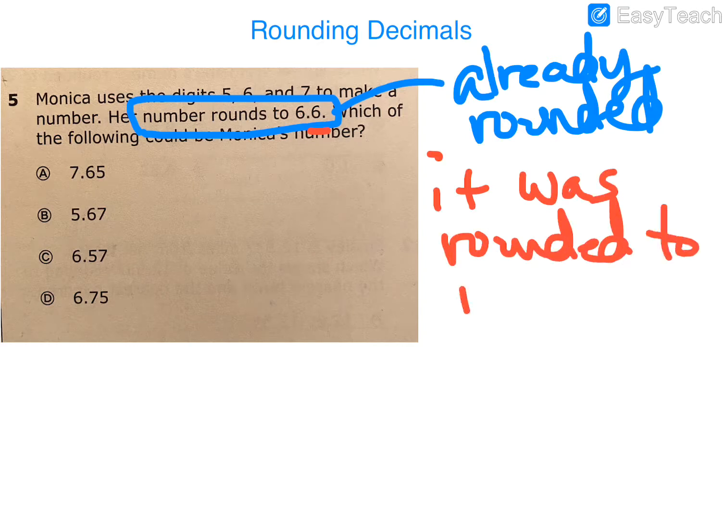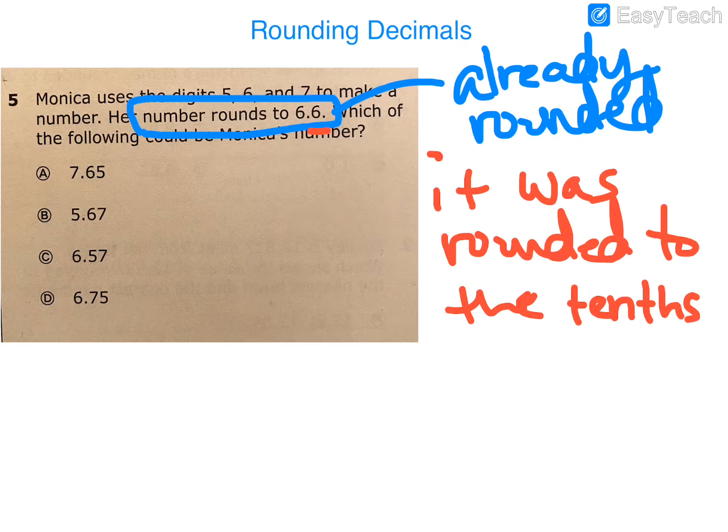So what you can do is take each number and underline the tenths place, look at the number behind it, and follow the same steps.